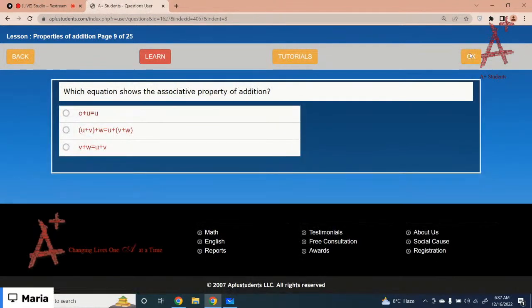Okay, which equation shows the associative property of addition? Which option is the correct one?